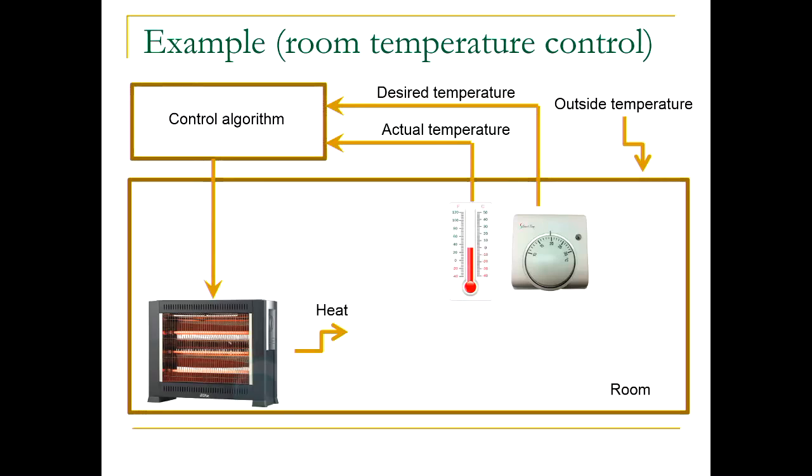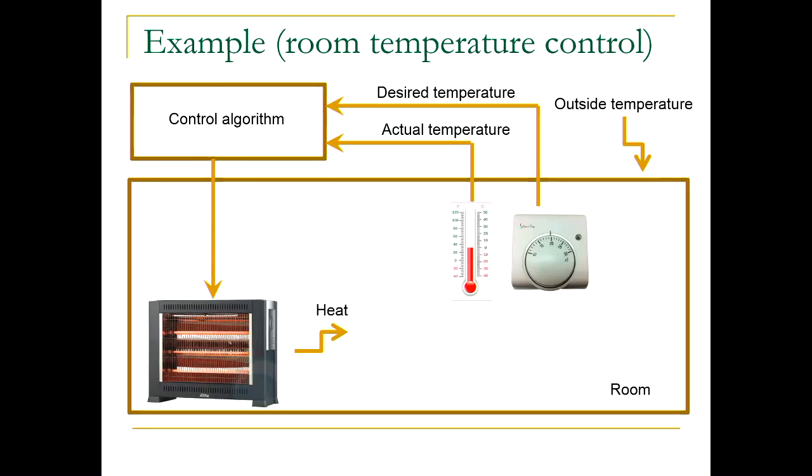So desired and true temperature are taken to a control algorithm that compares them, does some magic, and turns on or off the heaters. Or it may even be coolers. Maybe this is an air conditioning system, so it has maybe heating and cooling. I would call this an actuator in this system.